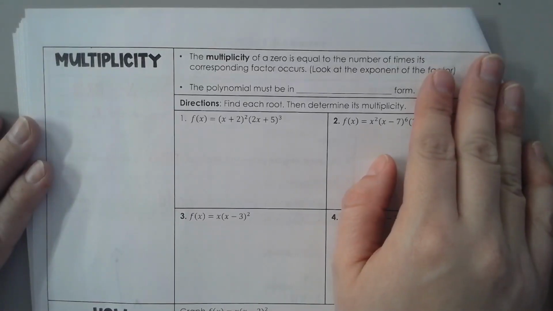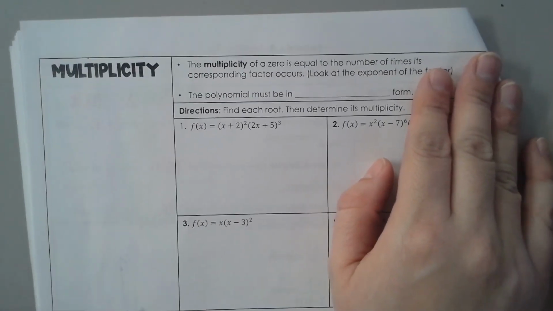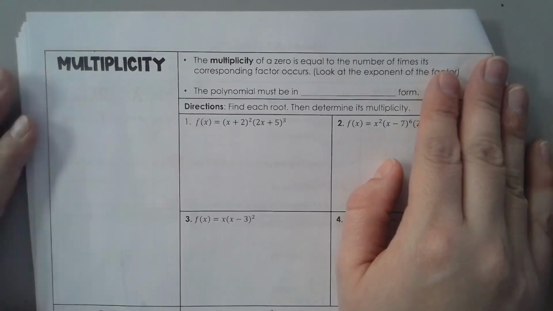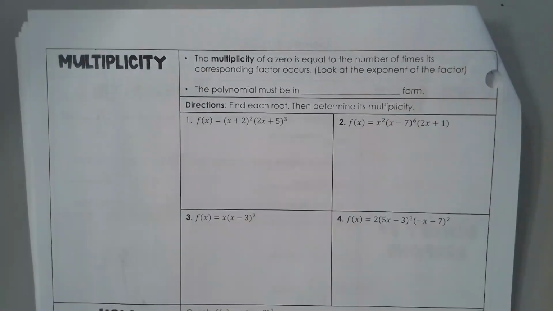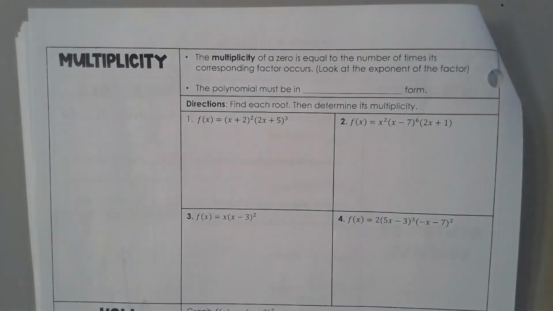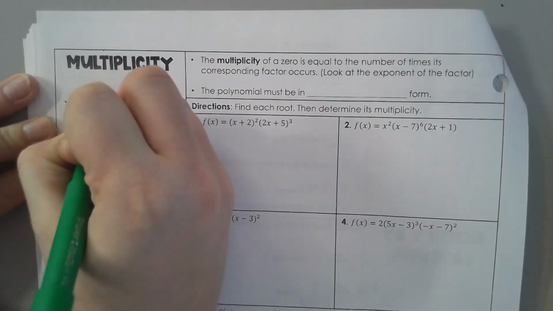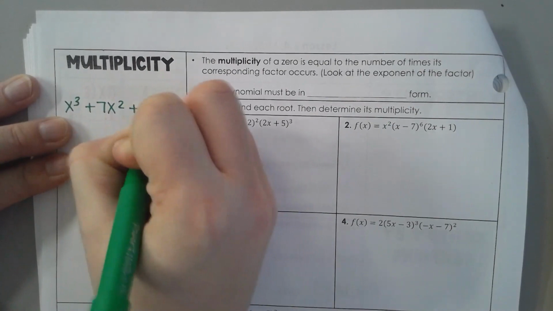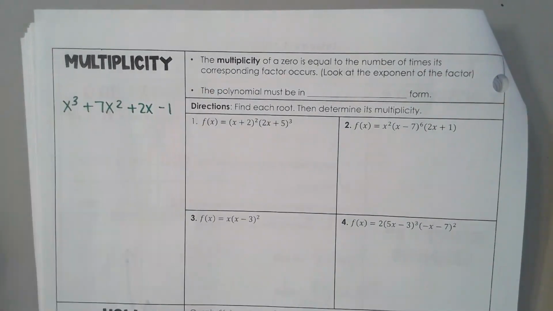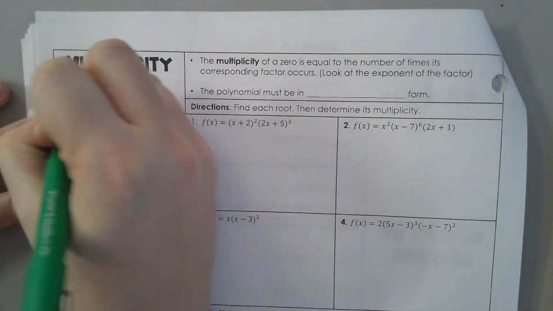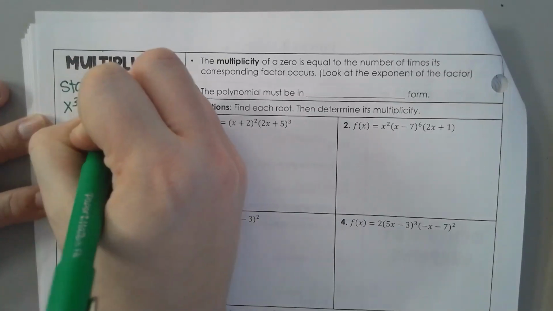When we have a polynomial, generally they are all in standard form. So for example, I might have x cubed plus 7x squared plus 2x minus 1. That is standard form.